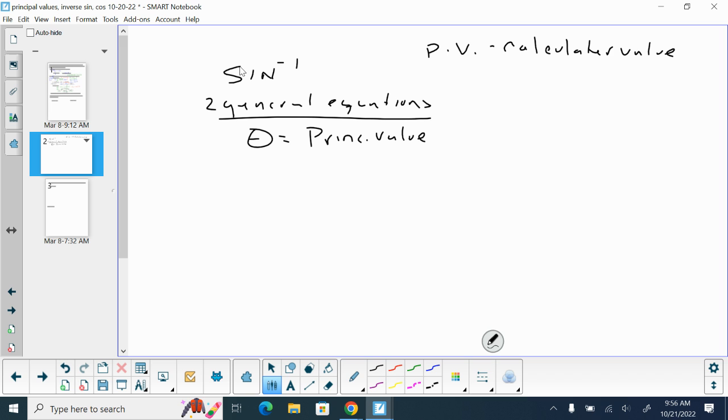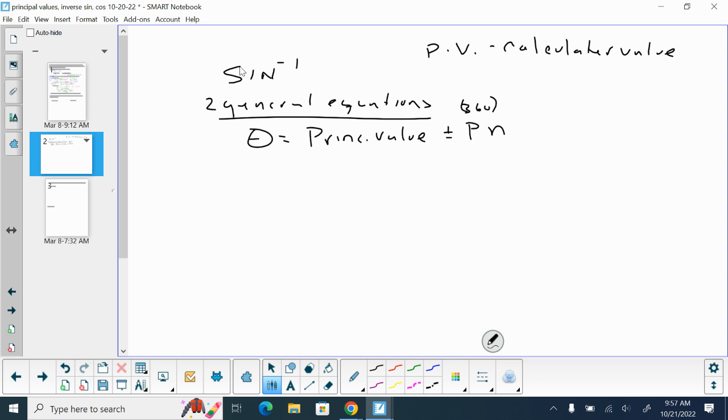So you have your principal value plus or minus the period n, which in our case right now is 360 degrees. When we get to Monday, we'll change our equation around a little bit, and the period will be different. We'll have to calculate the period like we did before: 360 divided by b, or 2 pi divided by b.